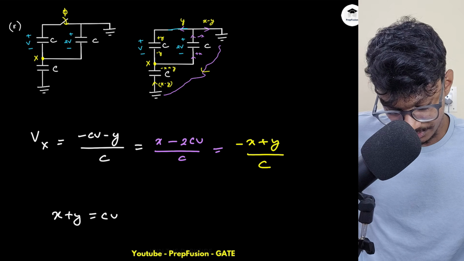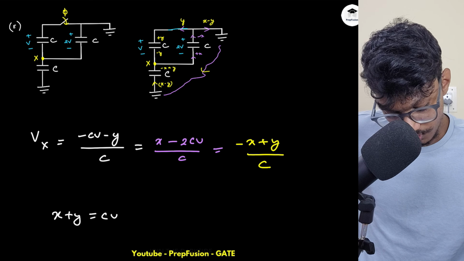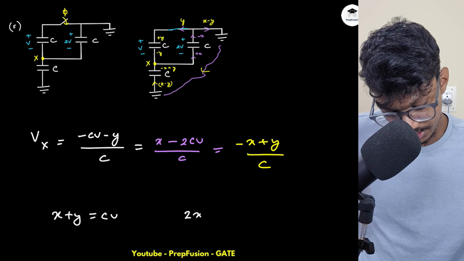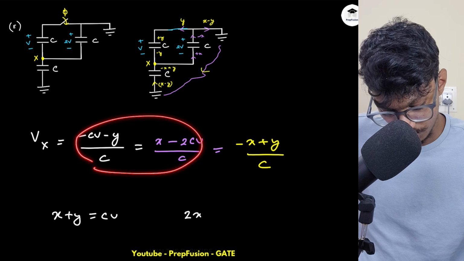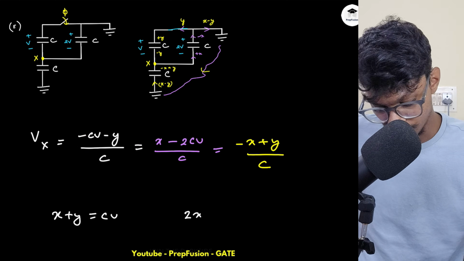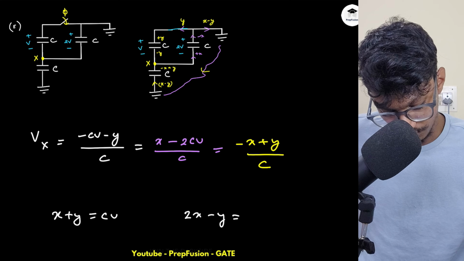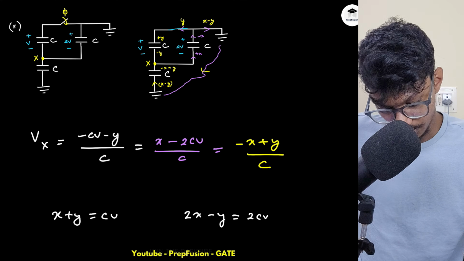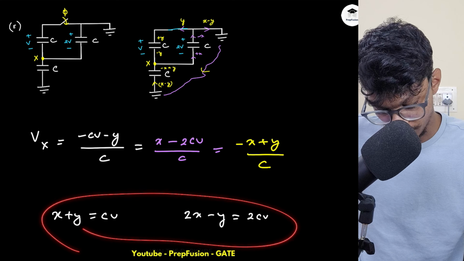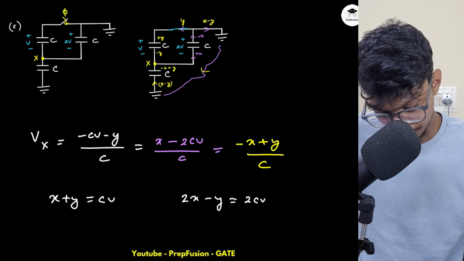And what is my X minus Y basically? So I can say from here, this will be 2X, like I have equated these two, and now I will equate these two. So this will be 2X minus Y equals 2CV. Now if I simply add these two, what will I get?